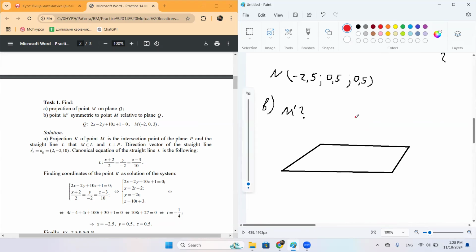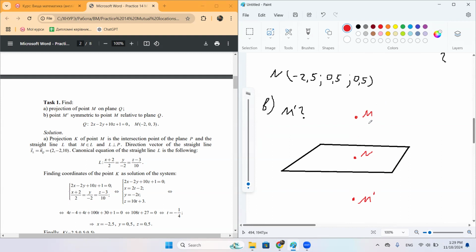So point M, point N, and M prime. So it's symmetric to the point M. So how to solve?